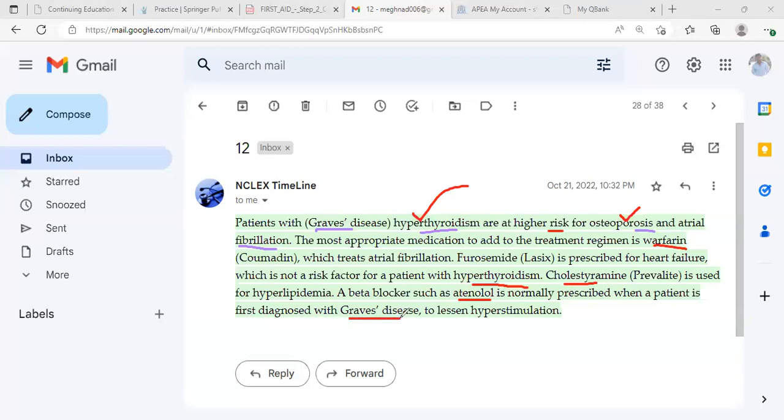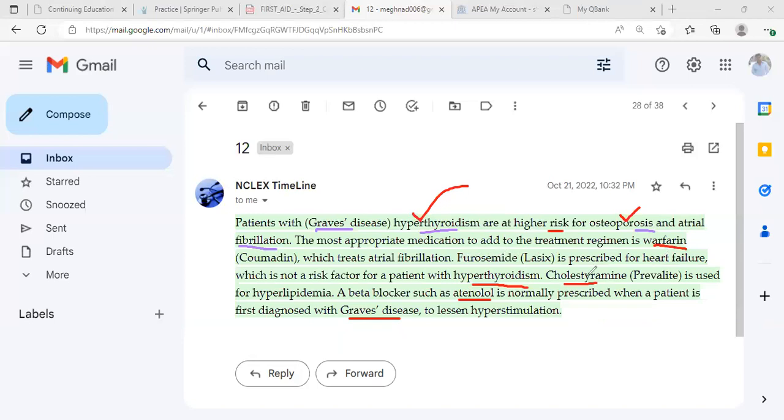So what do we learn from here? A patient has hyperthyroidism with atrial fibrillation, we give them warfarin. A patient has hyperthyroidism with heart failure, we give them furosemide.